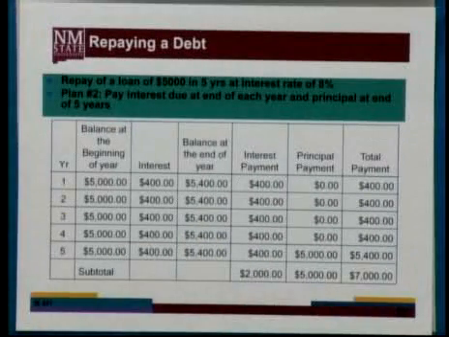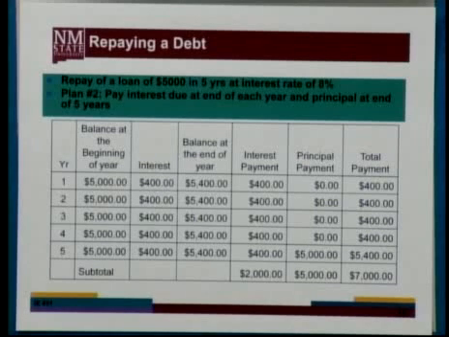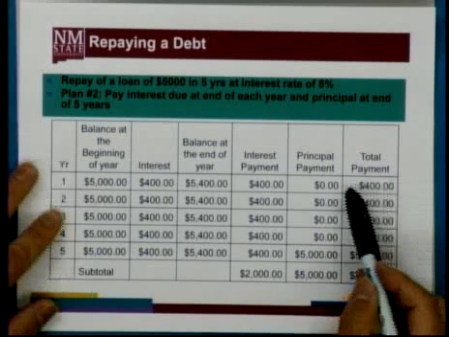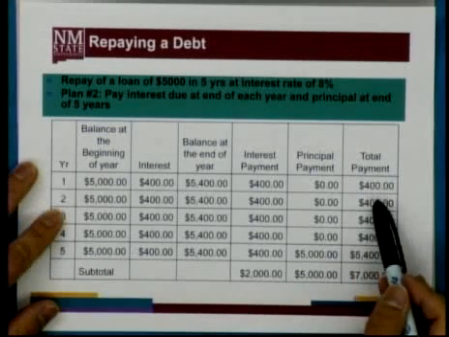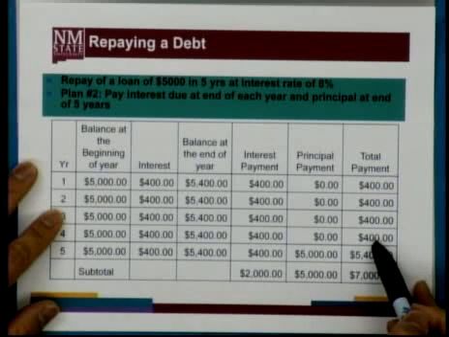In the second plan, only the interest due is paid each year without principal payment. So the end of year payment in each of the first 4 years would be just $400.